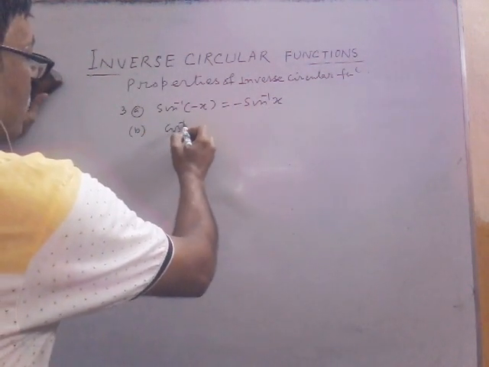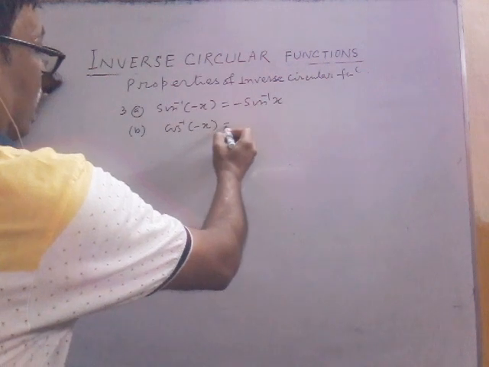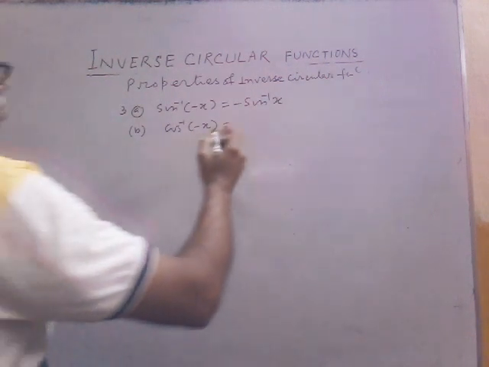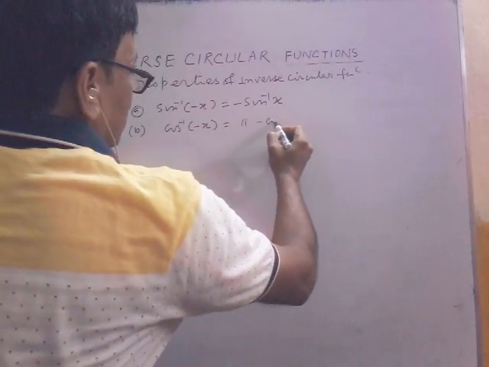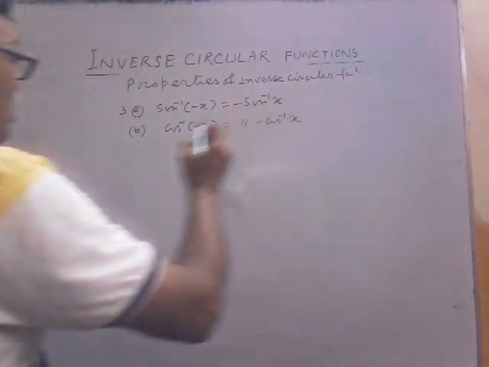Cos inverse minus x: cos absorbs the negative sign, but in this case it will be like that.